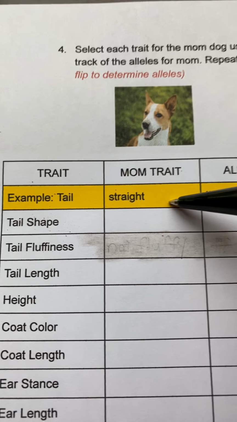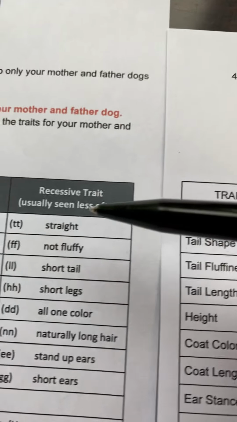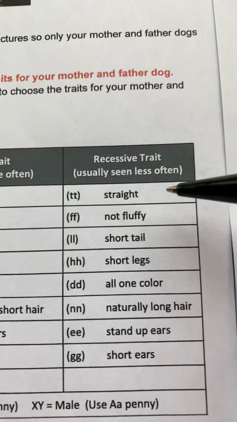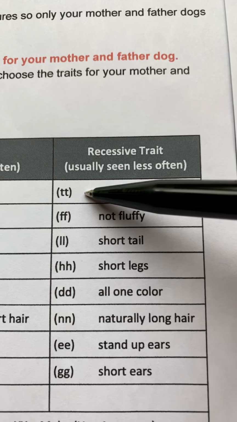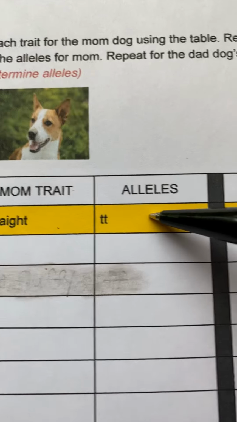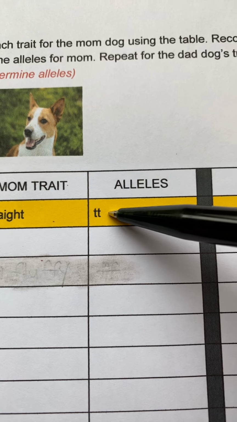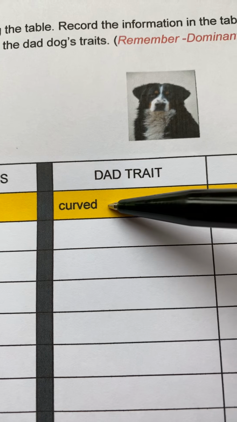My first example I did for you. For mom, I said she had a straight tail. So if I go back to this chart, the straight tail tells me the alleles are 2 lowercase t's. So I record that in my box for alleles. Now for dad, I said dad had a curved tail.